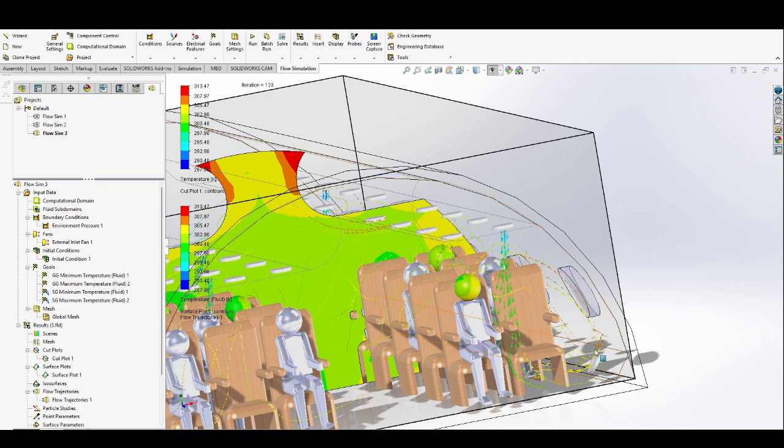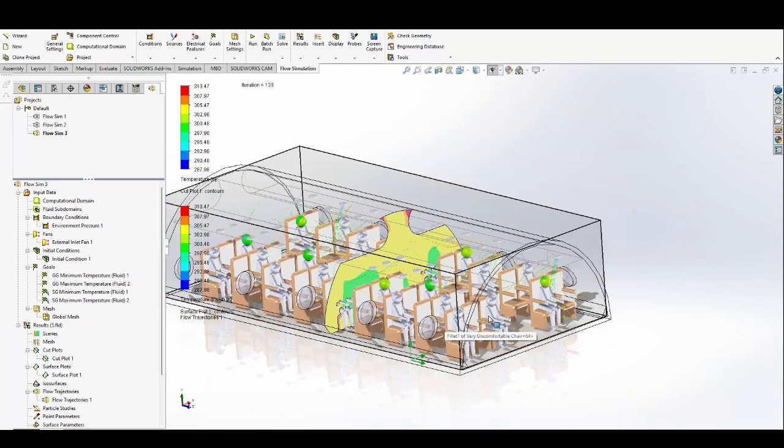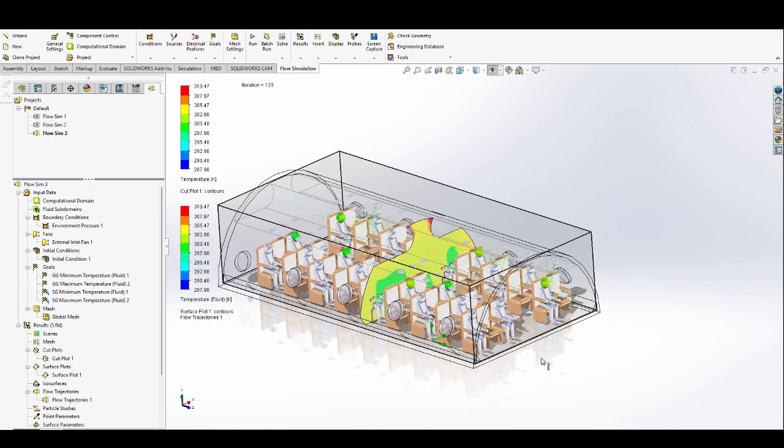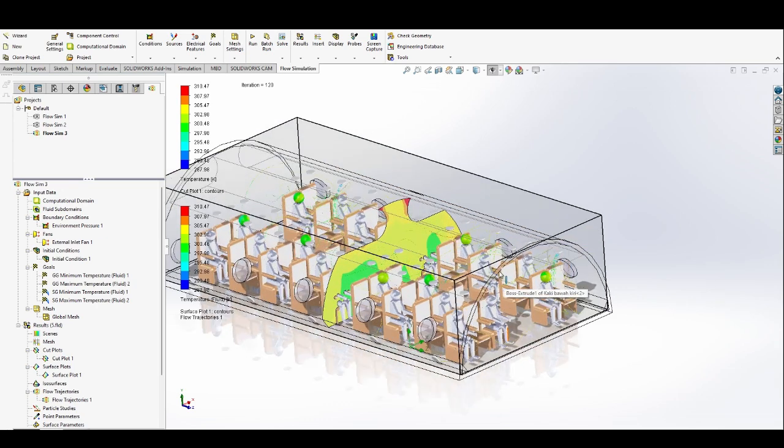You can see it warms up as it flows around, getting away from that fan, which is pretty realistic and what you would expect. If we were to try to improve this, we'd probably add some exhaust fans, or outlets, at the front or the back to get that air to flow more uniformly towards the back or towards the front, or in a way that is more deliberate to help cool the passengers.